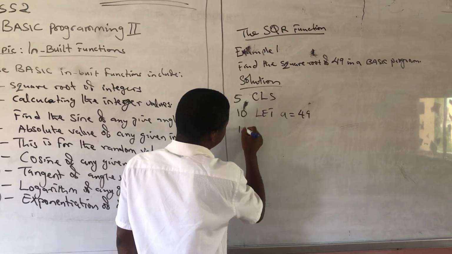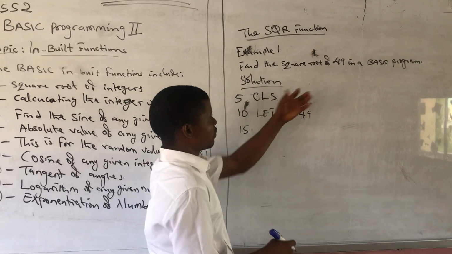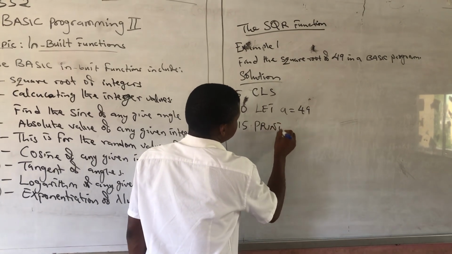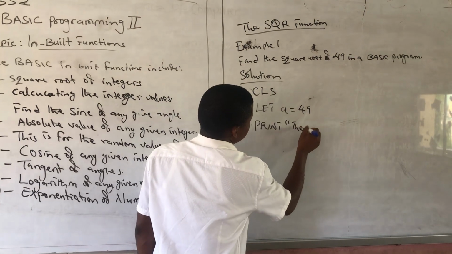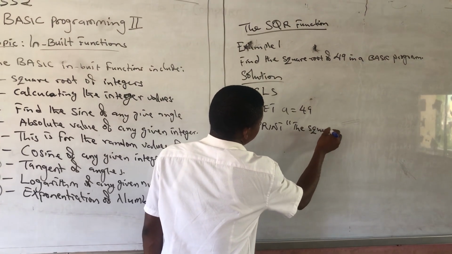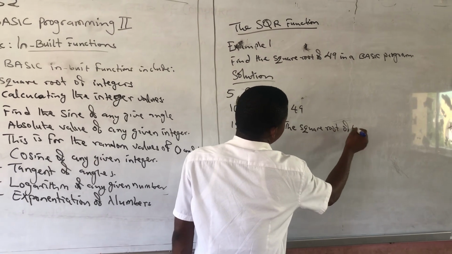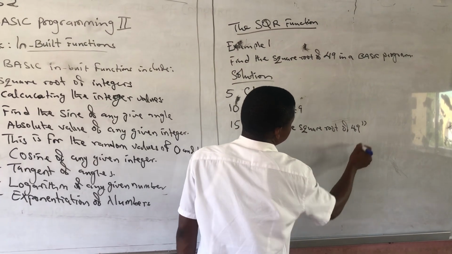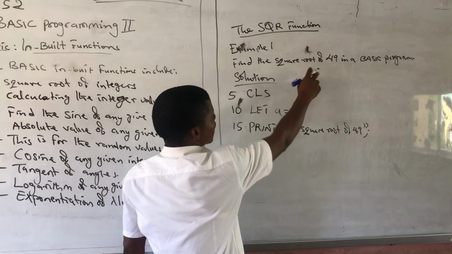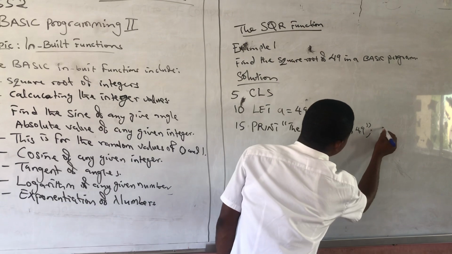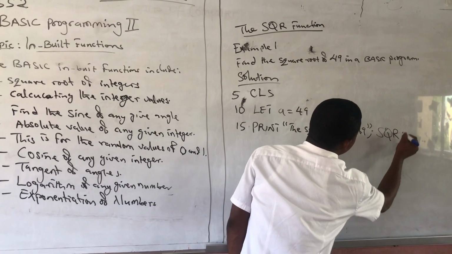And then line number 15, we now find the square root there by saying PRINT the square root of 49. Then we put it in quote, then we add this function here to say SQR of what?